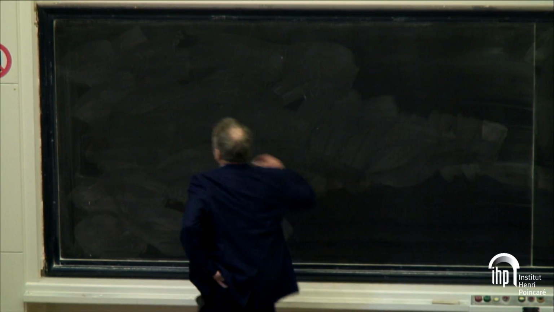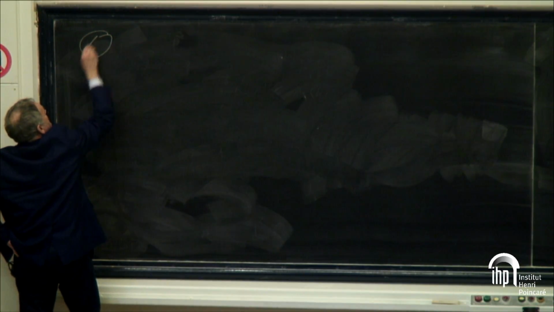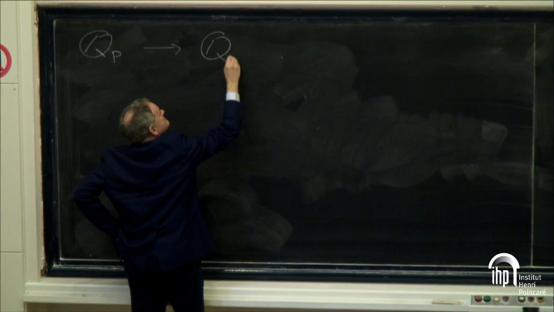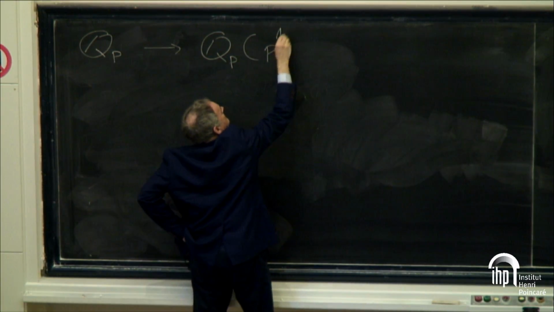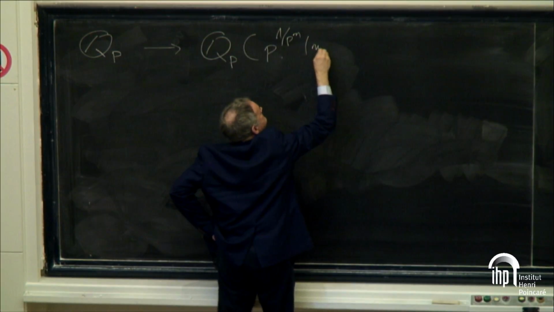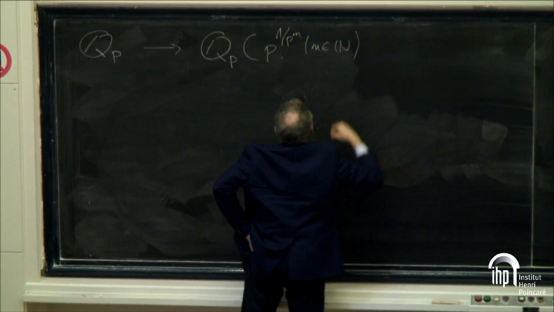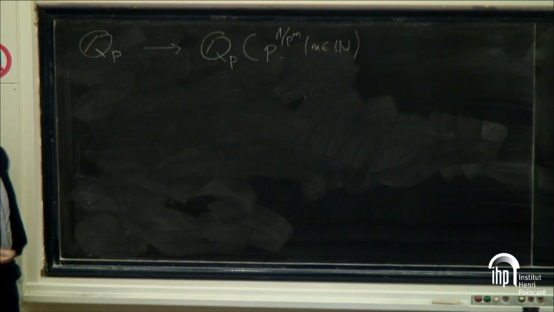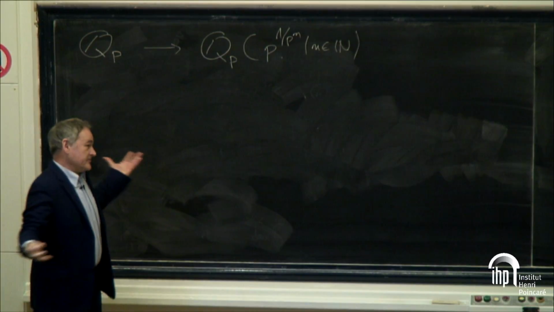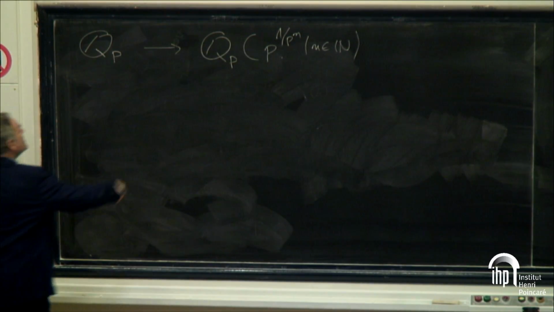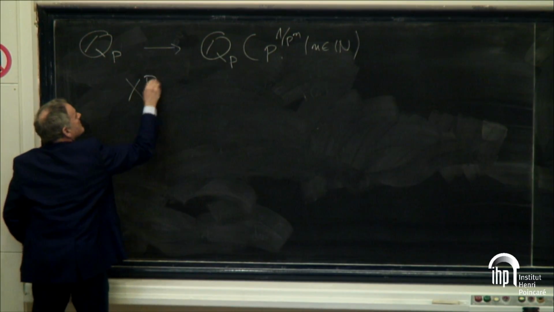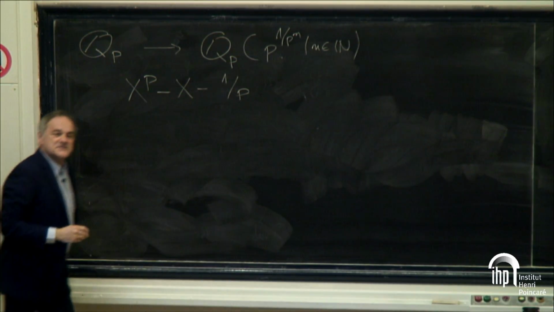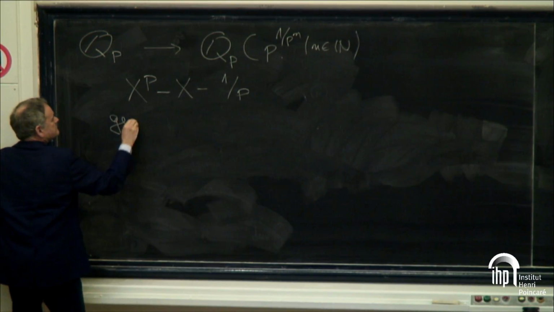Another one, mixed characteristics. Take Q_p and do essentially the same thing, so to say. And now take an analog of the Artin-Schreier extension, although you don't have them in characteristic 0, but take x to the p minus x minus 1 over p, and this generates again a defect extension.